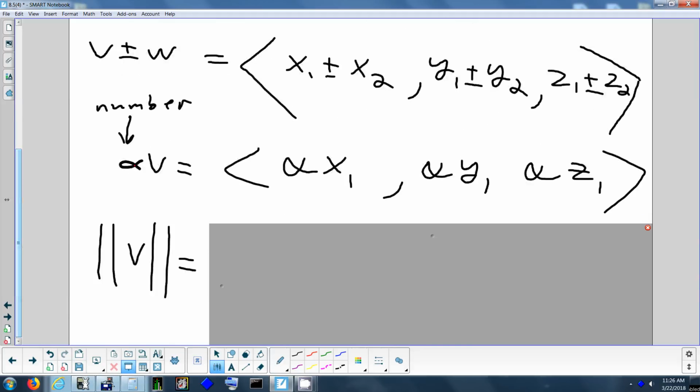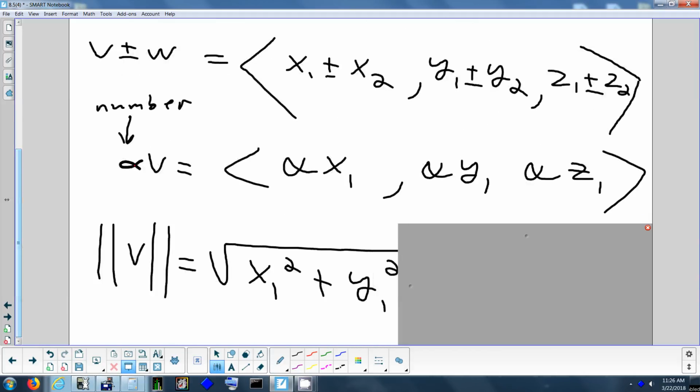Okay, and magnitude. To find the magnitude of a vector in 2D, it was the square root of the x value squared plus the y value squared, and if it was 2D, you'd be done. Colleen, what do I have to put on the end of that to make it 3D?